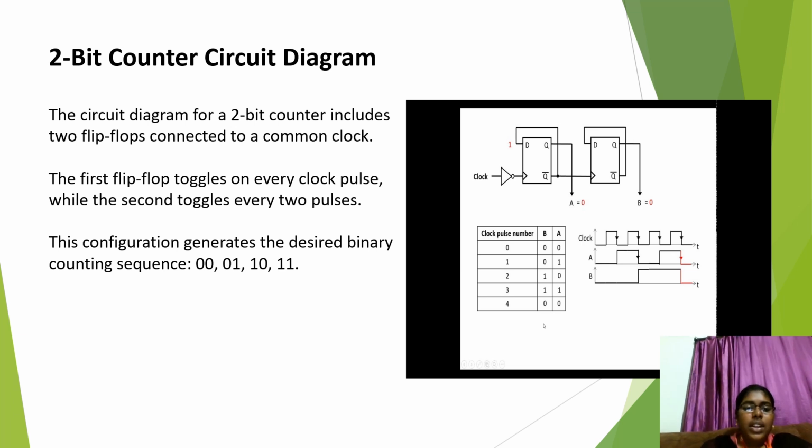This configuration generates the desired binary counting sequence 00, 01, 10, 11, as we see in this table. This is the initial state and this is a memory state. It is a reset, and it is a set.